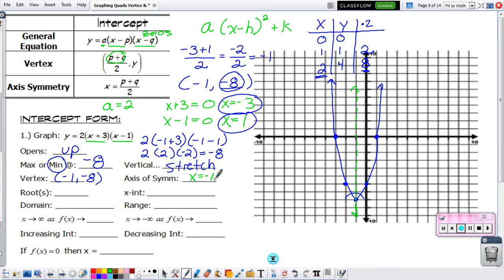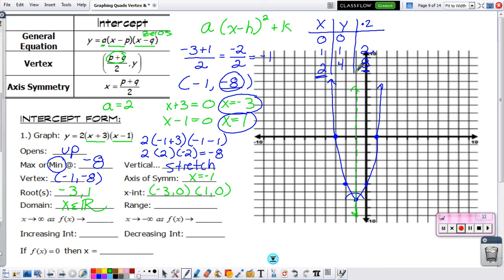Roots are solutions, are intercepts. So we know that our roots are negative 3, 1. The intercepts are our roots written as ordered pairs. The domain for this quadratic is all reals. The range we read from the bottom to the top.